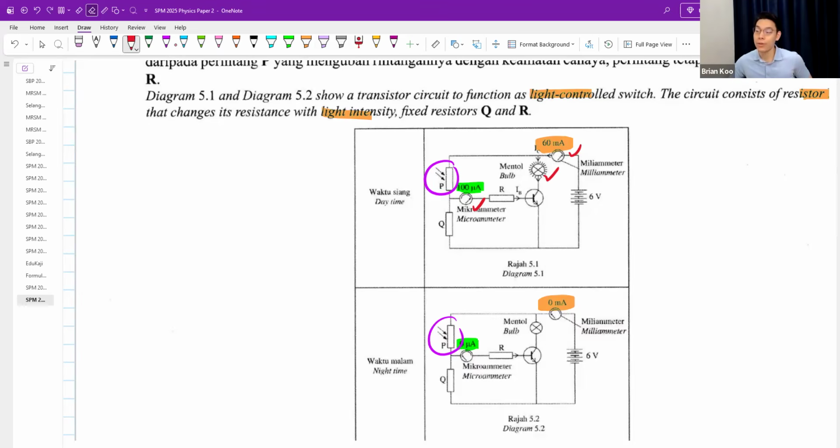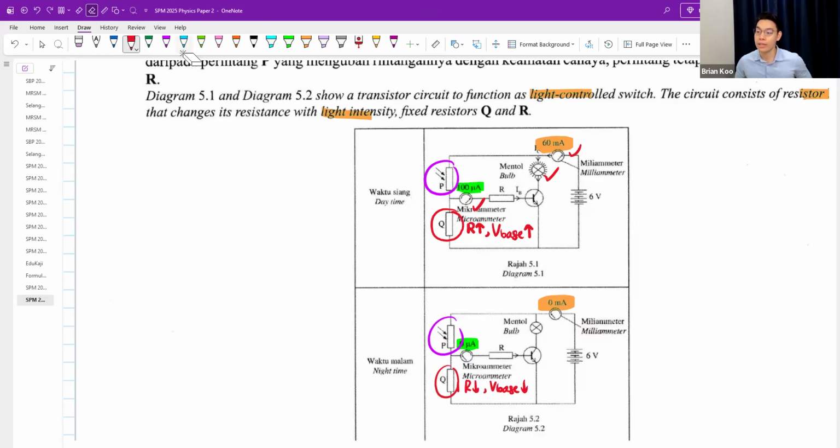For base current to flow, it means that this resistance has increased and hence the voltage increased. That's why the whole thing will light up. The reason why this whole thing doesn't light up is because the resistance for this one is lower and the base voltage here is lower.